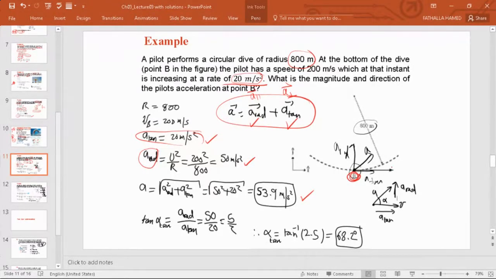Now, you look at this point, that's basically your velocity vector, and that's your acceleration vector, because the acceleration vector will have the tangential part, which is along the direction of the velocity, and you have the perpendicular part, which is perpendicular to it, and that's your net acceleration here.